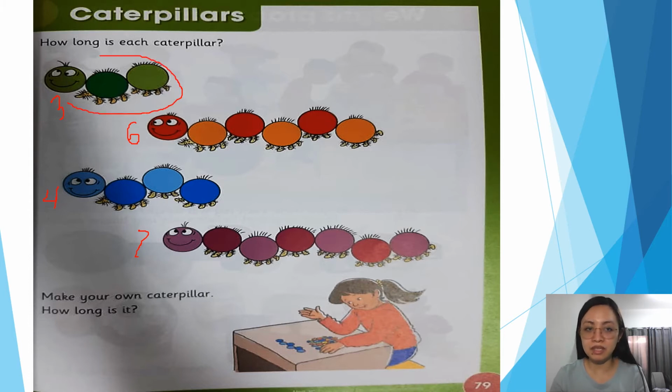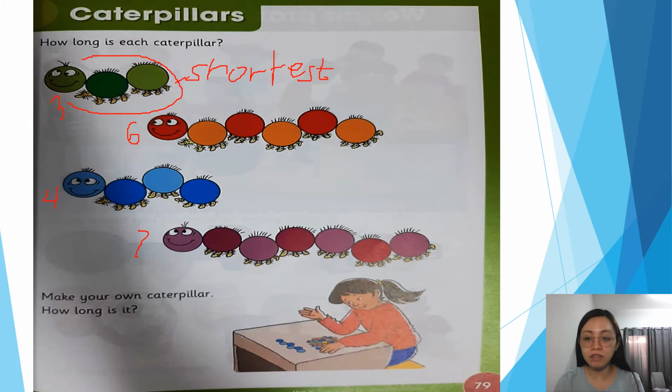The green one is the shortest. We know that it is the shortest because it has only 3. While among the 4 caterpillars, which one is the longest? It is the purple one because it has how many circles? It has 7 circles.